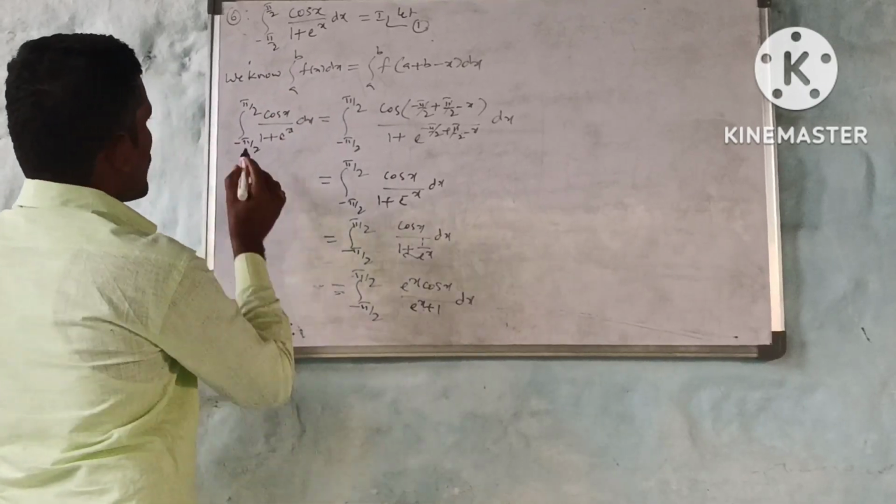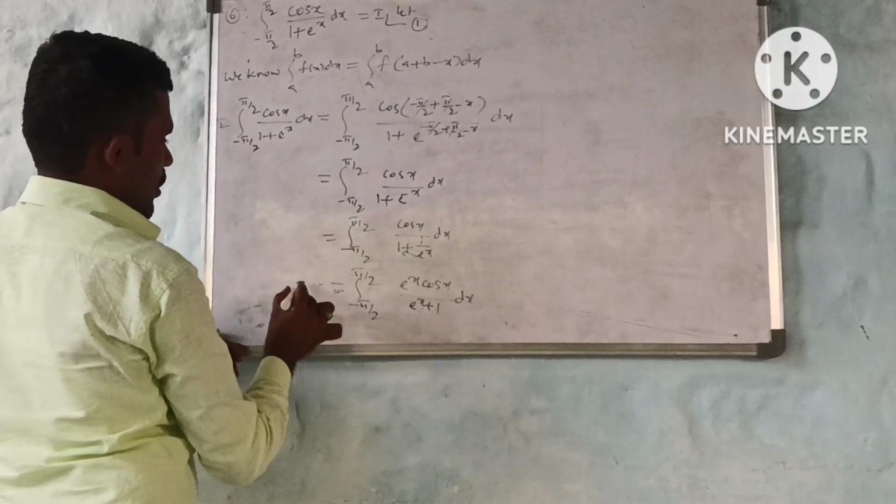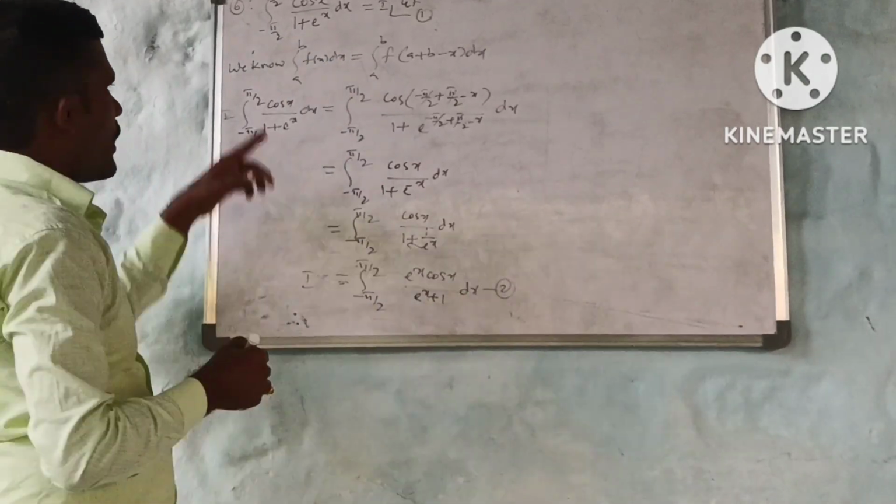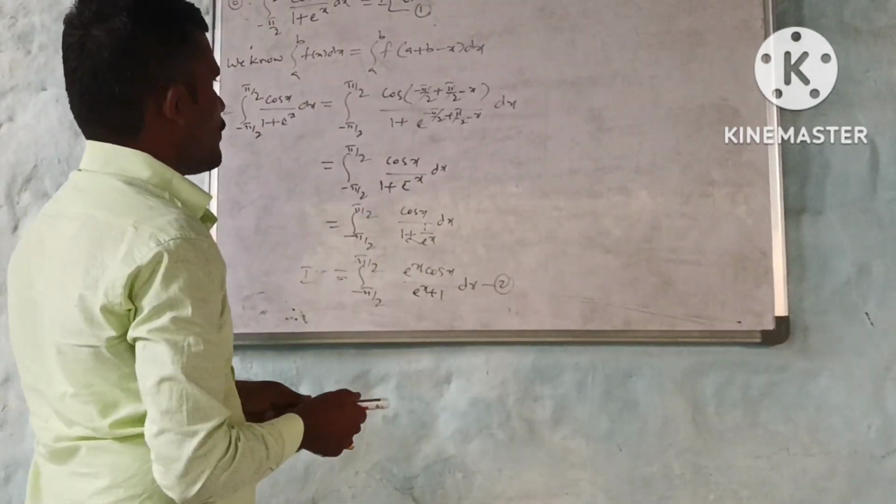So this is also I, and for our convenience I am taking this as 2. To get the result, I am taking 1 plus 2.